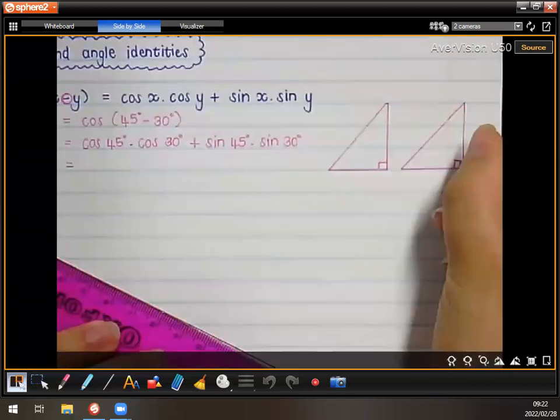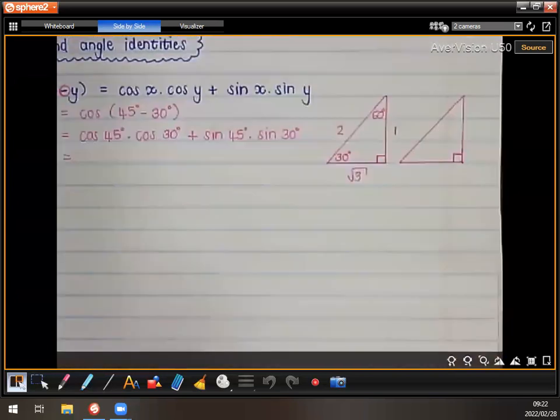Let's see if we can remember those triangles, guys. For these types of questions, you have to draw your triangles on the side. Do we need both triangles for this question? Yes, because I have a 45-degree angle and a 30. So you need to draw both of them, please.